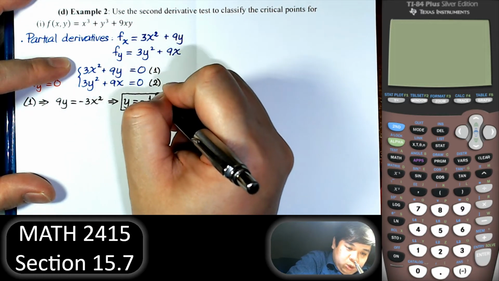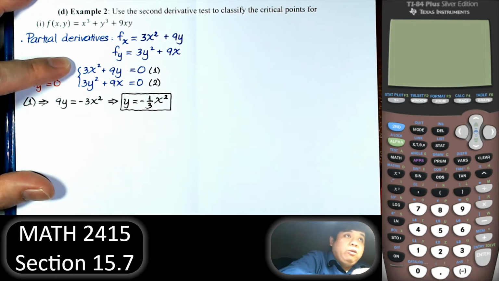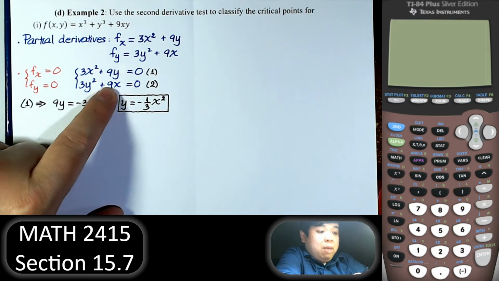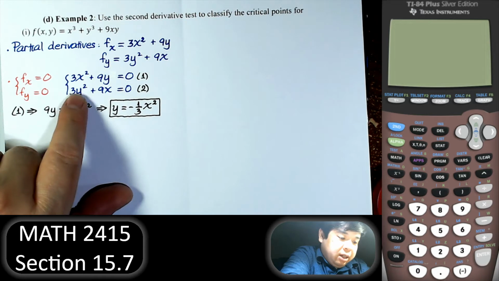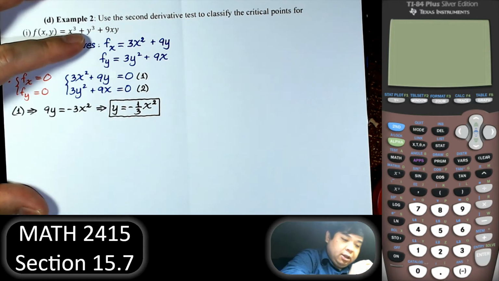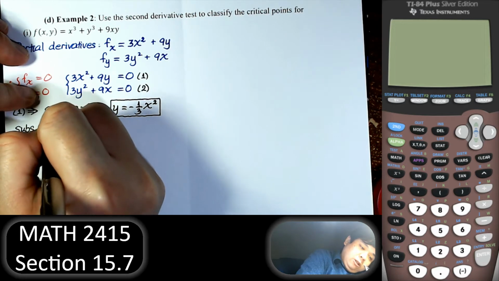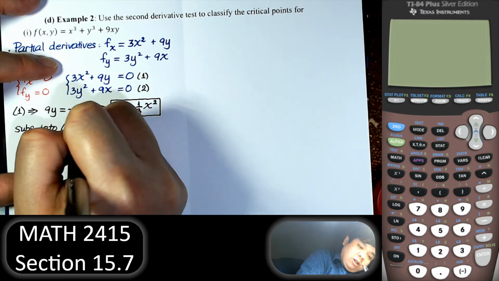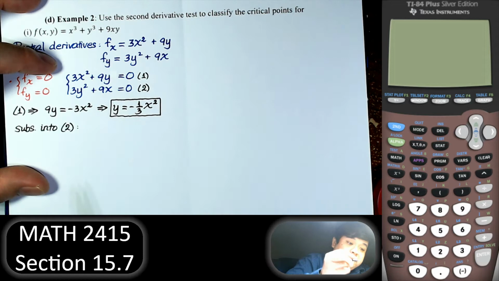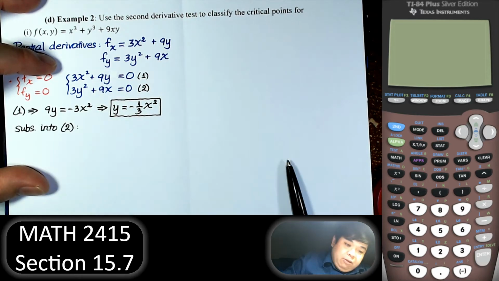So we use substitution. y equal to negative 1 over 3 x squared. I'm going to substitute that back into the second equation.